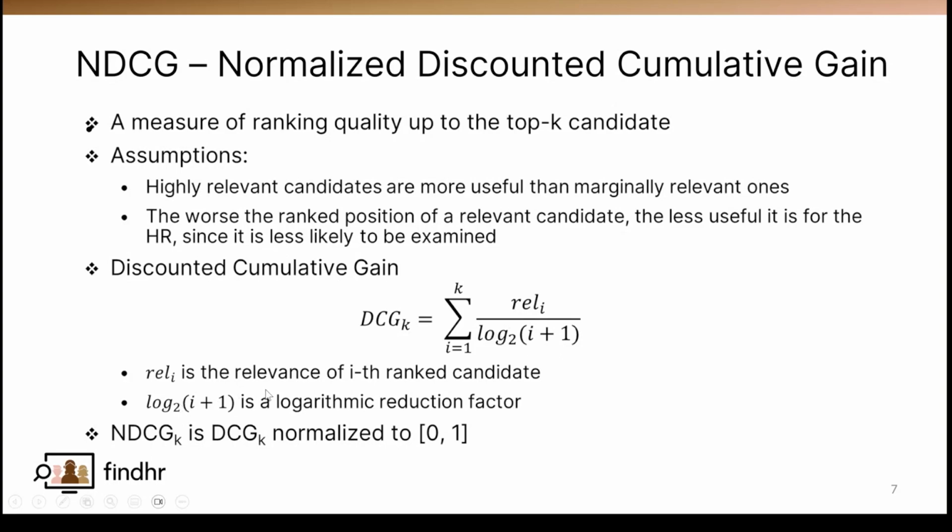N stands for normalized, which returns a number between 0 and 1. Okay, so NDCG equal to 1 means the ranking of the model is perfectly the same as the ranking of the historical data.